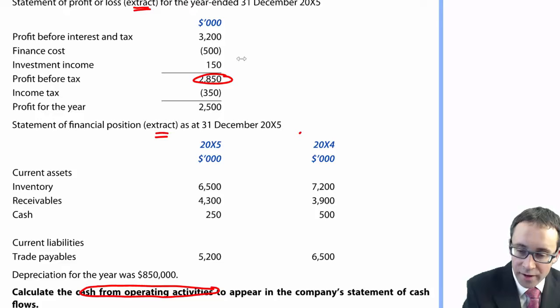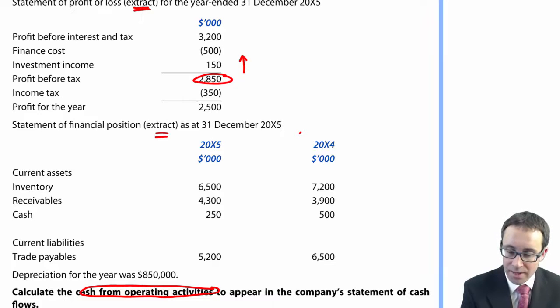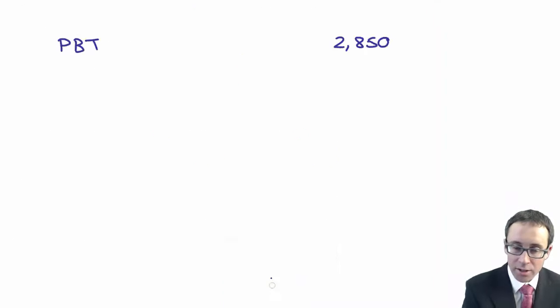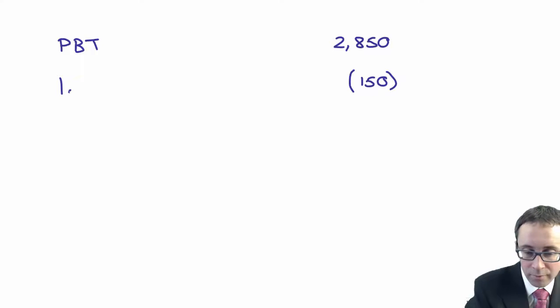Once you've got the 2850, I would then look up, because we want to get back to your operating profit. Profit before interest and tax. Well, what they've done there is they've added on the investment income to get to PBT. So what we need to do is remove that investment income to get back to your operating profit.